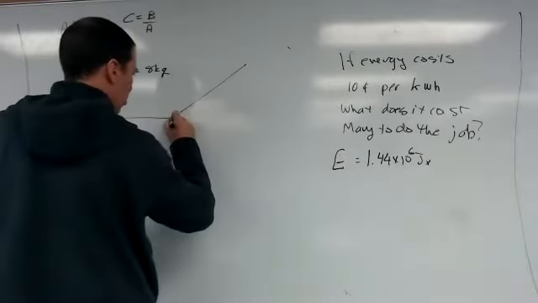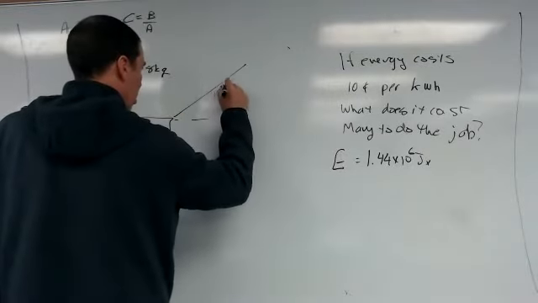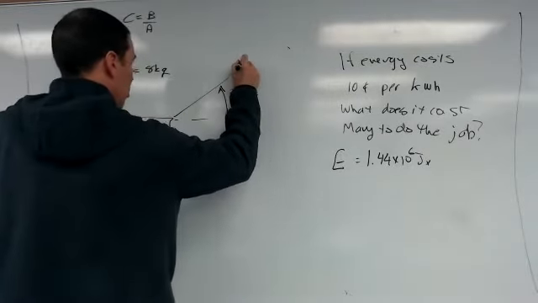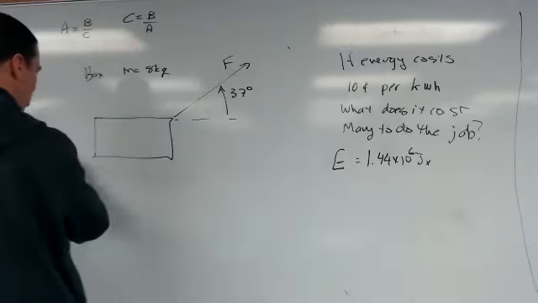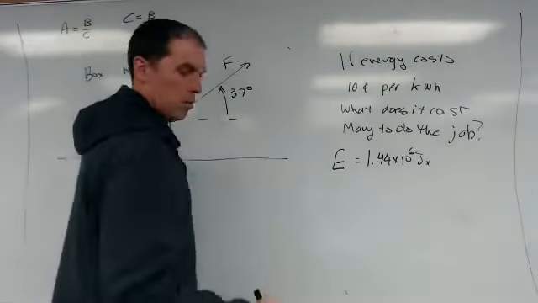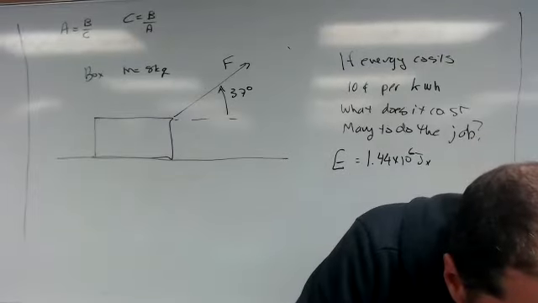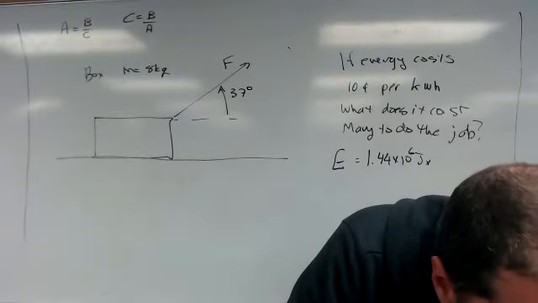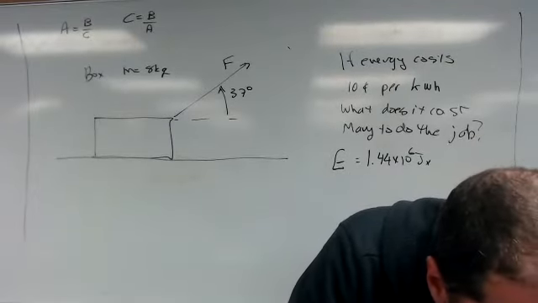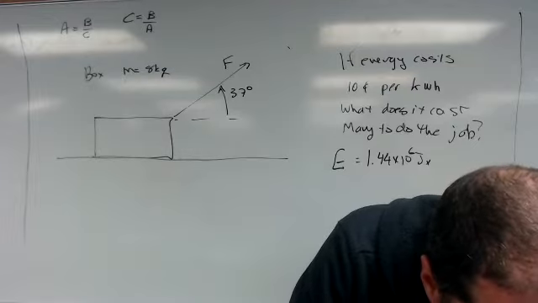It's like this. 37 degrees. Yeah. The coefficient of kinetic friction is 0.8. If the box is pulled 5 meters horizontally, what is the work done by the friction force?